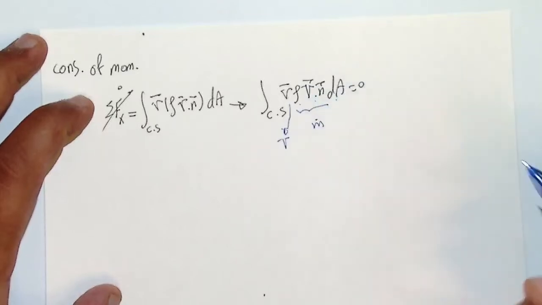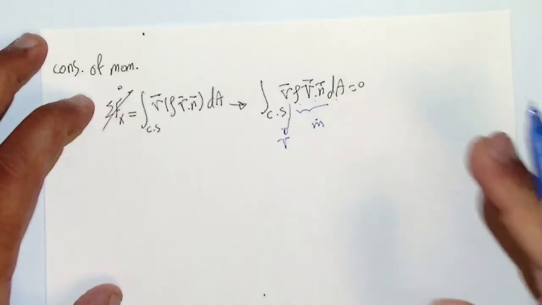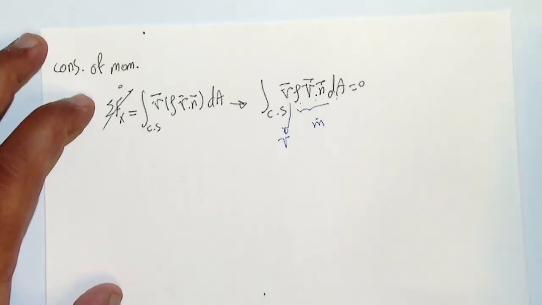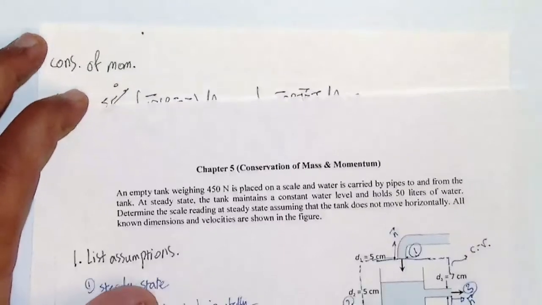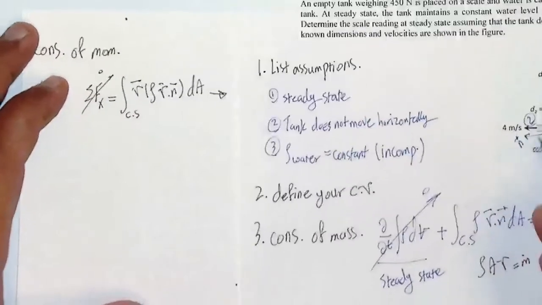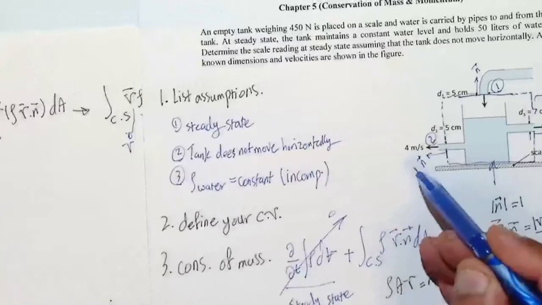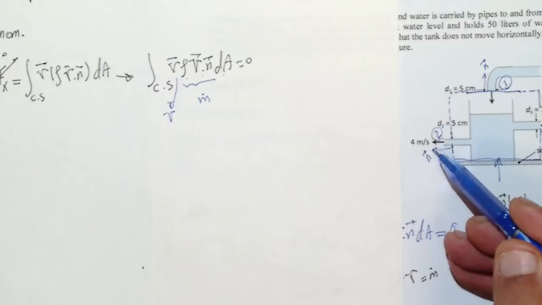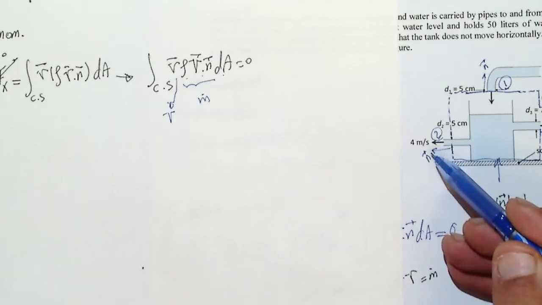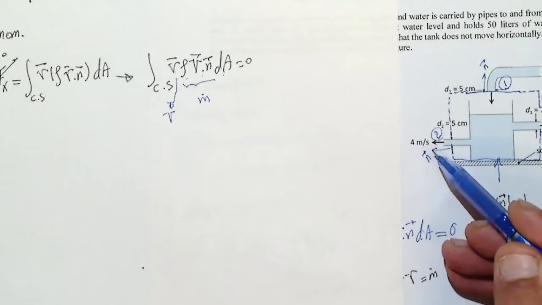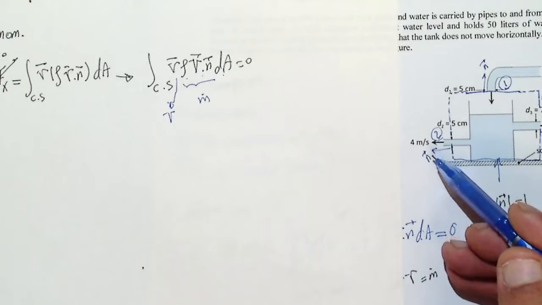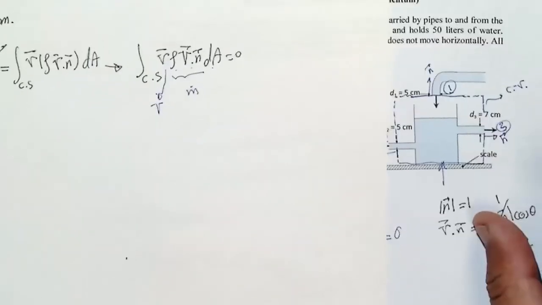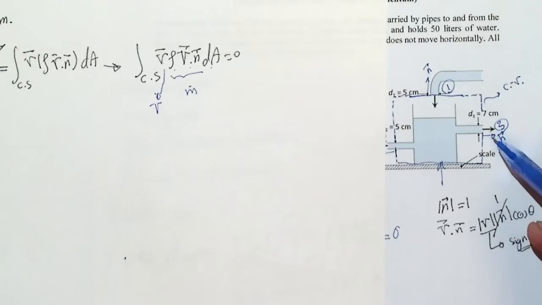Okay, so if I write it down part by part, for part 2, side 2, V dot n has an amount of V, but the sign of that is cosine of 0 and it's positive, right? And also for part 3, the same. V dot n is always the amount of V, but the sign is also positive.